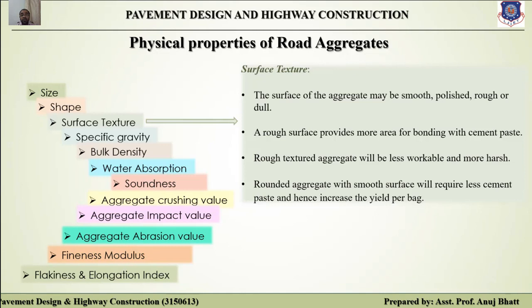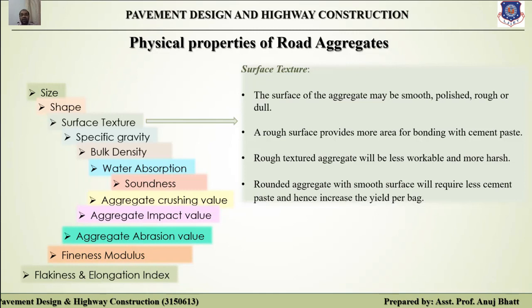But where workability is required, rough textured aggregate will be less workable and more harsh. Rounded aggregates with a smooth surface will require less cement paste and hence increase the yield.